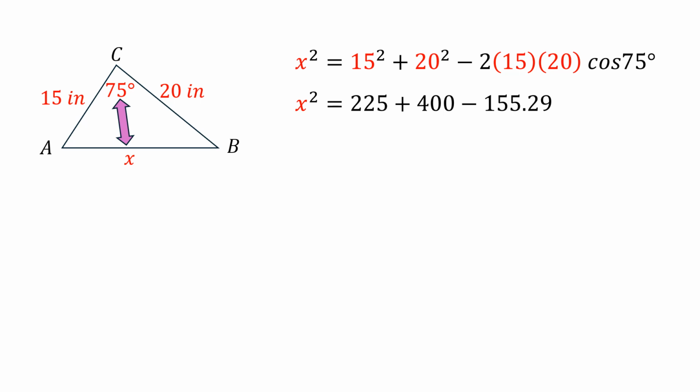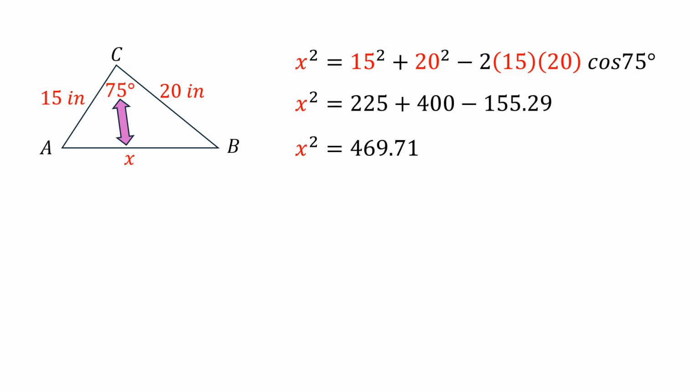If anything involves an angle, make sure that your calculator is in degree mode, not in radian. So we combine these three terms: 225 plus 400 minus 155.29.